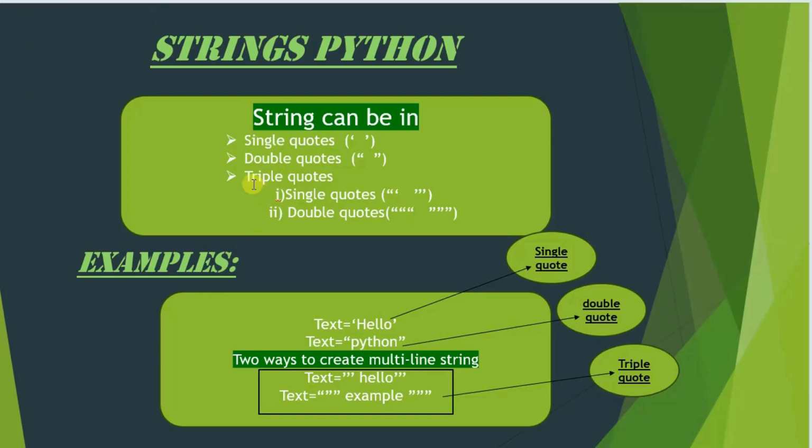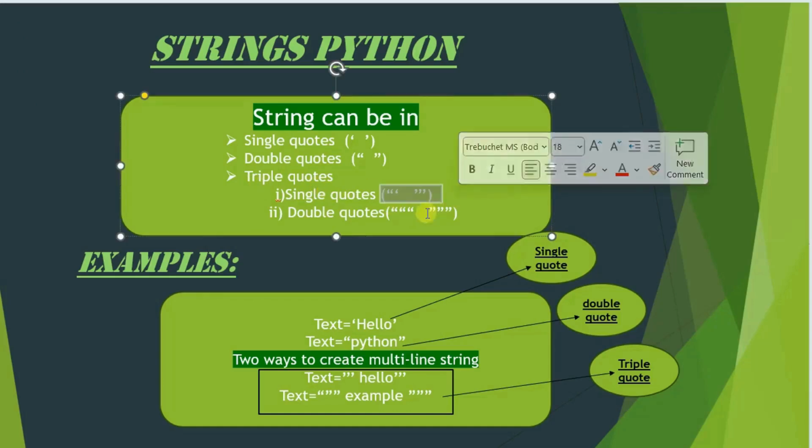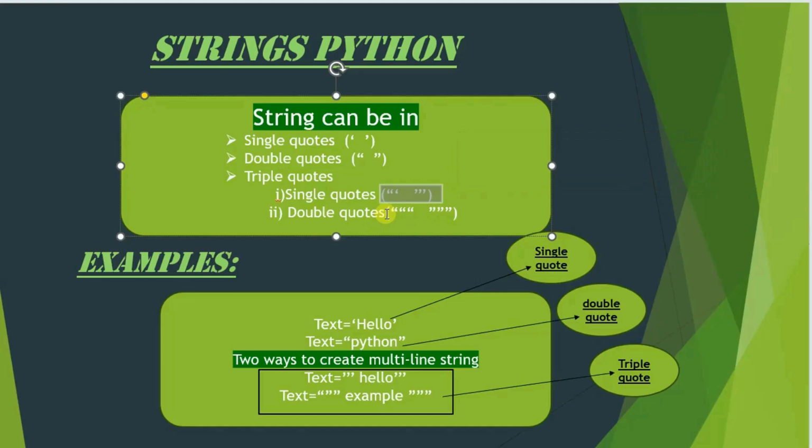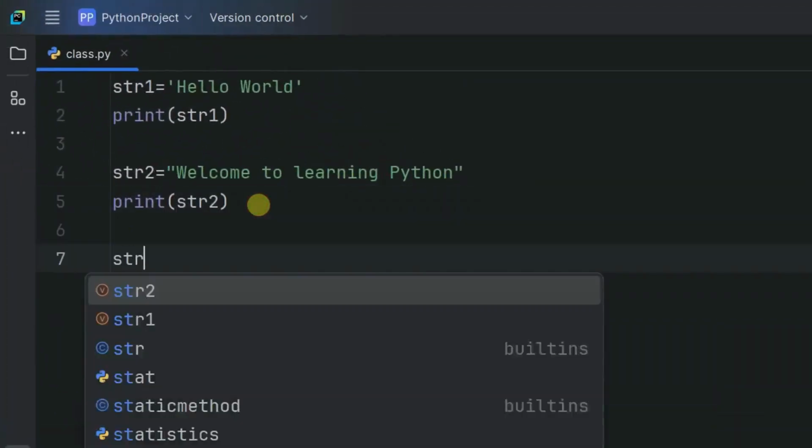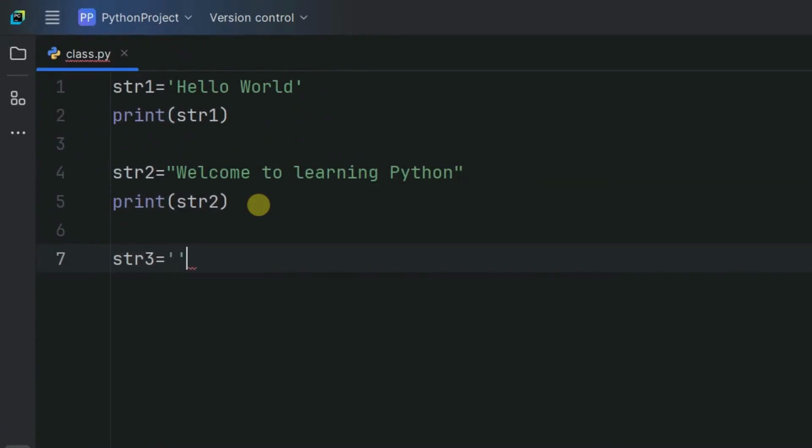And after that, there are two ways to create multi-line strings in Python, and they are both really simple. The first way is by using triple single quotes, and the second one is using triple double quotes. I'm going to write an example. str3 equals triple quotes, and then this is a multi-line string.